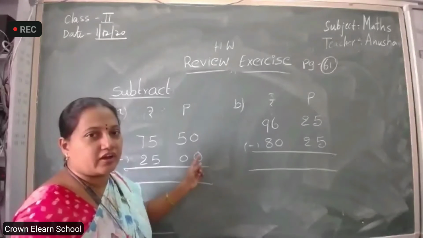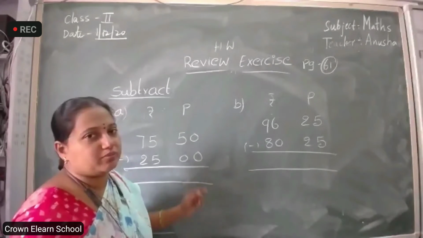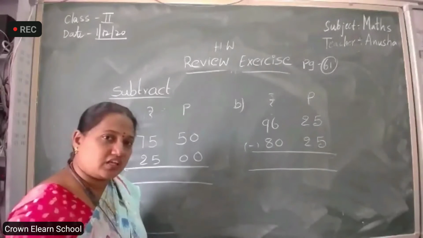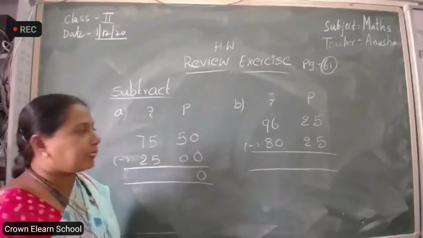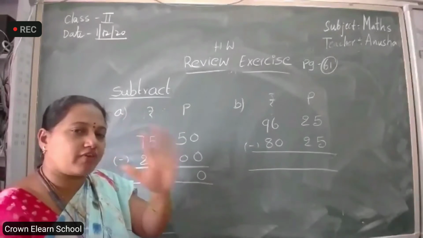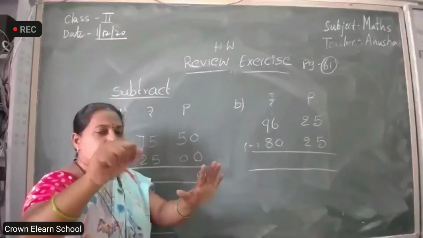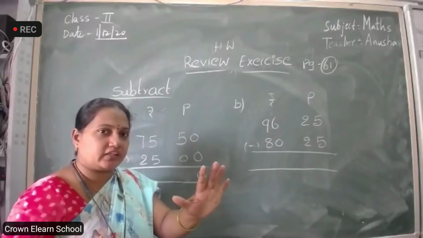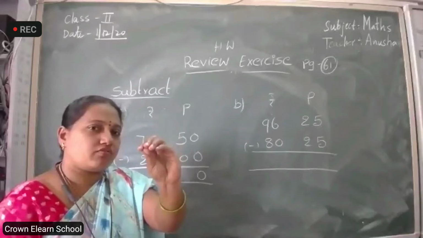What is the answer? 0. Next, you have 5 chocolates. Your friend is asking 0 chocolates. 0 means not asking anything. So finally, how many are left with you, Nana? 5.